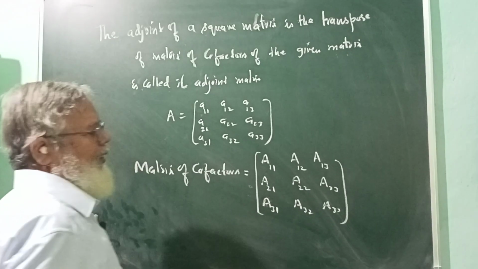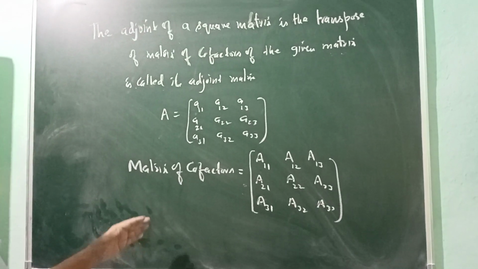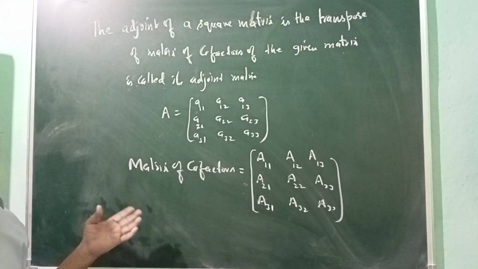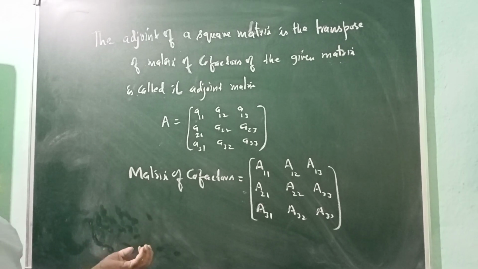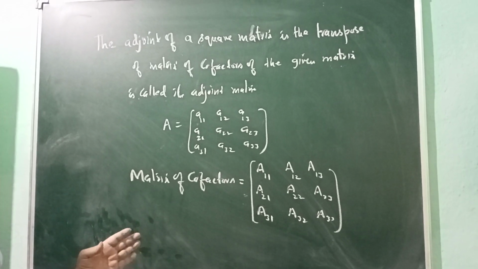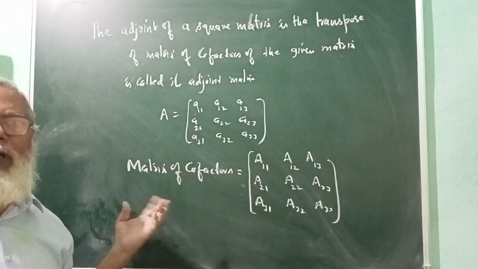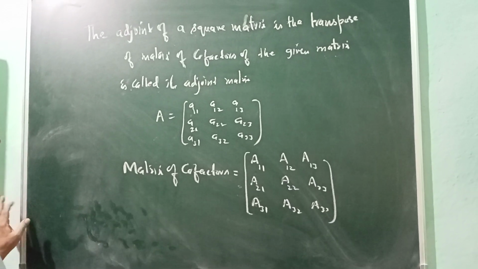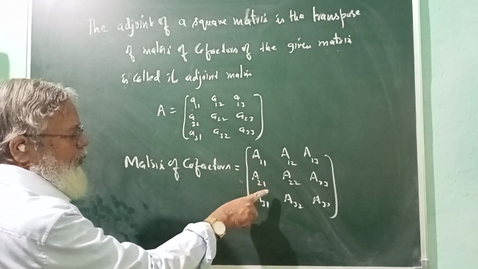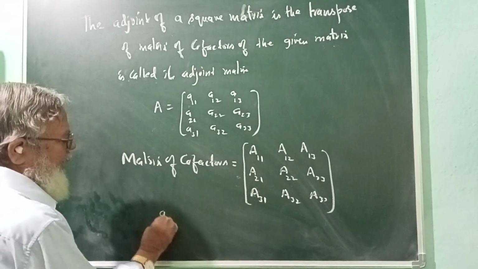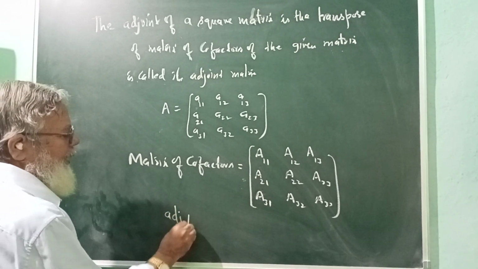Now this is the matrix of cofactors. If you take the transpose of this, it will become the adjoint. Let us recall the meaning of transpose. Transpose is a matrix which is obtained by interchanging rows into columns. So if you take the transpose of this, it is called the adjoint and denoted by adjoint of A.